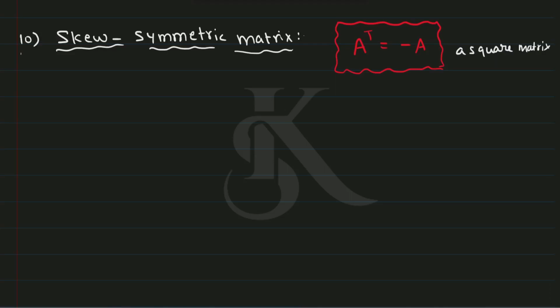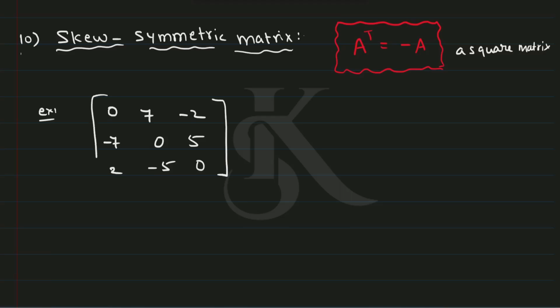Example: 0, 7, -2, -7, 0, 5, 2, -5, 0. This is the A matrix.